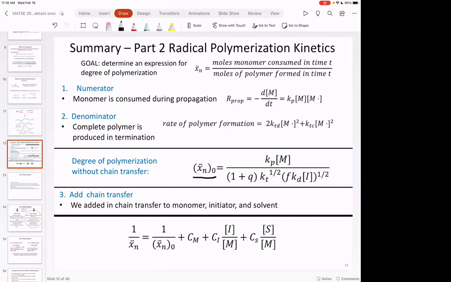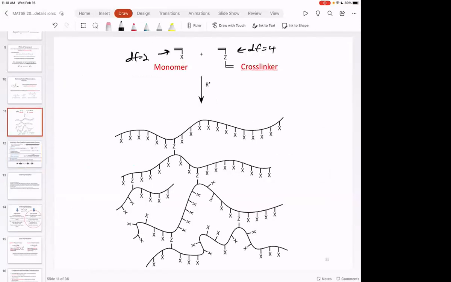Yes? Does it matter like what your DF is when it comes to inter or intra? No. So the DF is separate from inter versus intra. So I brought up intermolecular chain transfer to polymer and intramolecular chain transfer to polymer, because with those processes, you don't necessarily get a linear polymer. Just like this, right? If you have a higher DF, you can get a branch polymer.